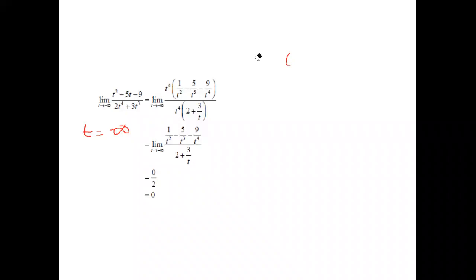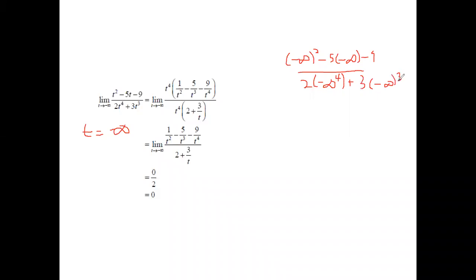If we substitute directly, because they are all polynomial functions, if we make this negative infinity squared minus 5 times negative infinity minus 9 over 2 times negative infinity raised to the power 4, plus 3 times negative infinity raised to the power 3.